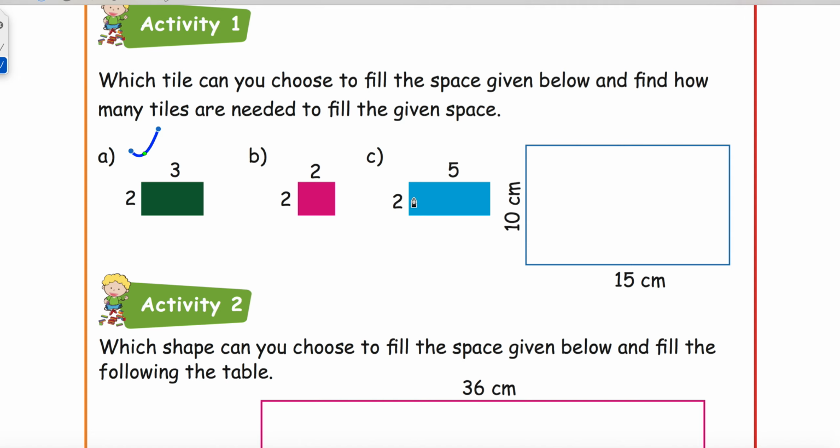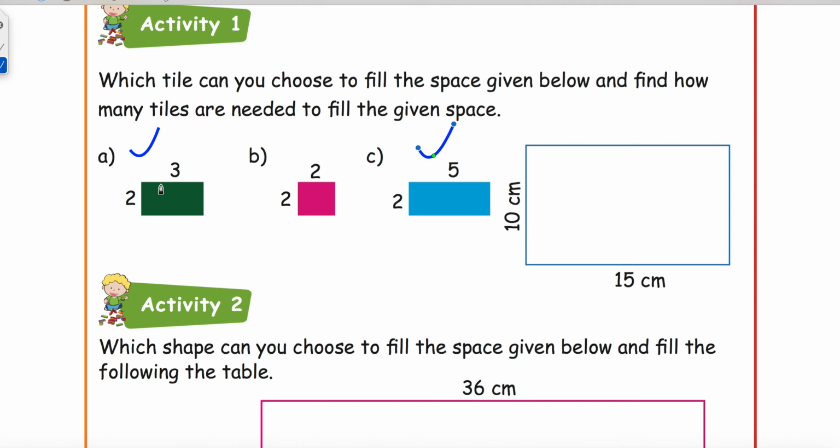You can fill this one with 3 tiles. Fine. 5 on this way, 5 3s are 15. 15 into 10, this one also will work.